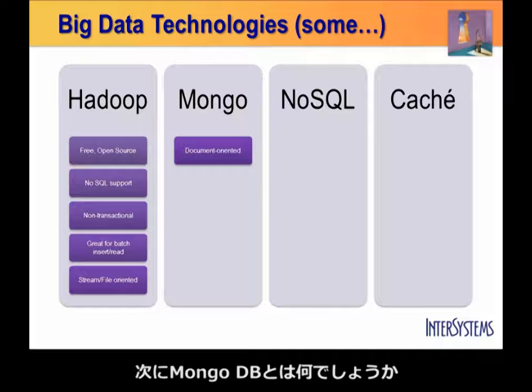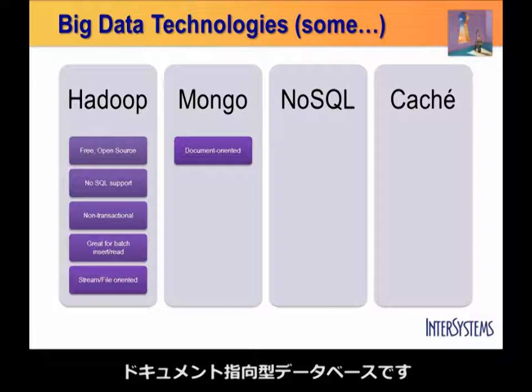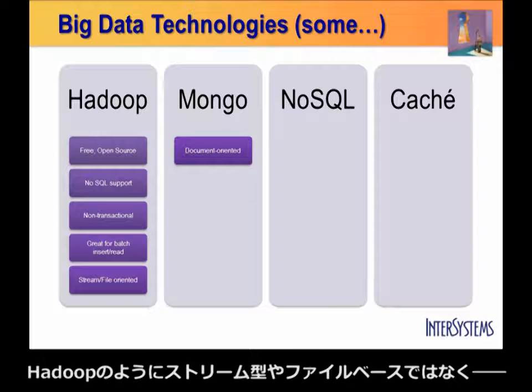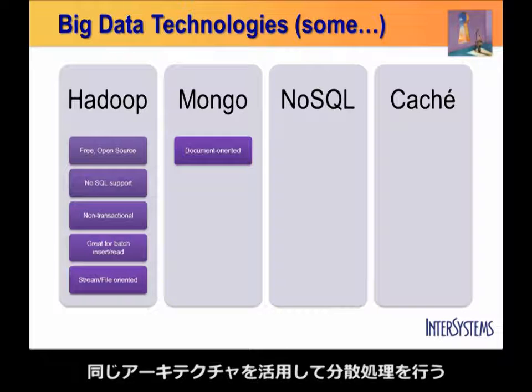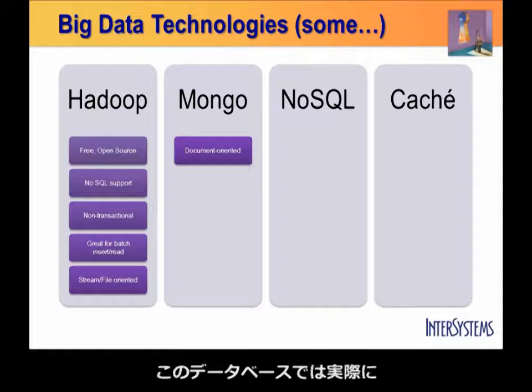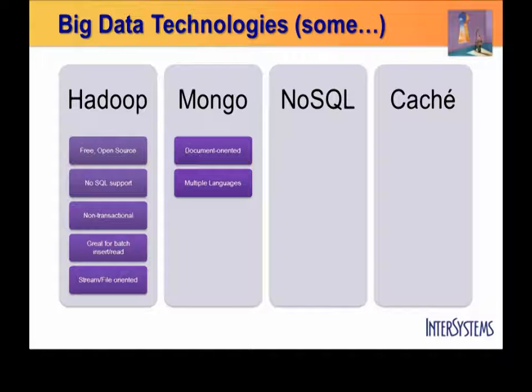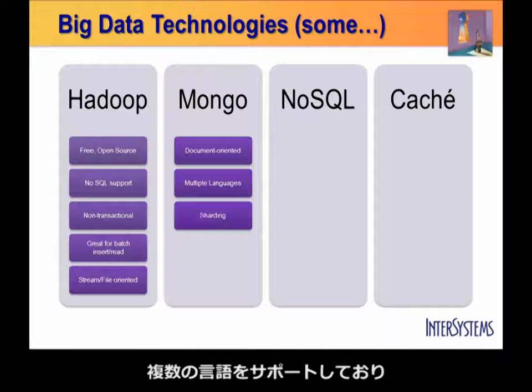Okay? So what's Mongo? So then MongoDB came around. MongoDB is a document-oriented database and a big data solution. Okay? Again, it's a shared nothing thing, but instead of being a stream or file-based solution like Hadoop is, Mongo basically takes advantage of the same architecture to have distributed computing, but it's a document-oriented database. So you can actually put and get documents out of this database. Supports multiple languages, runs in multiple languages.